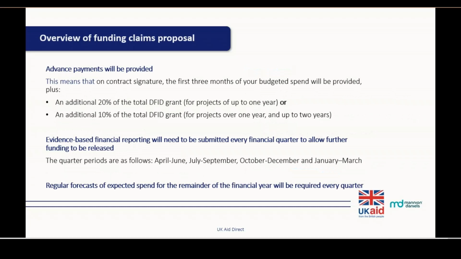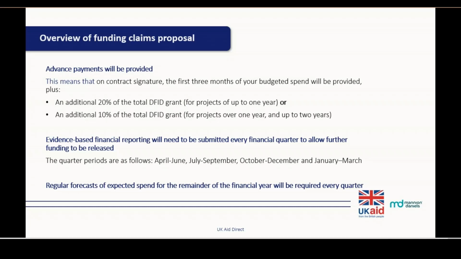When the project is up and running, if you are successful, as I mentioned, advance payments will be provided. This means that essentially on signature of the contract, you'll be given the first 3 months of your budgeted spend, plus an additional 20% for projects which run up to 1 year, and an additional 10% for projects which run up to 2 years.